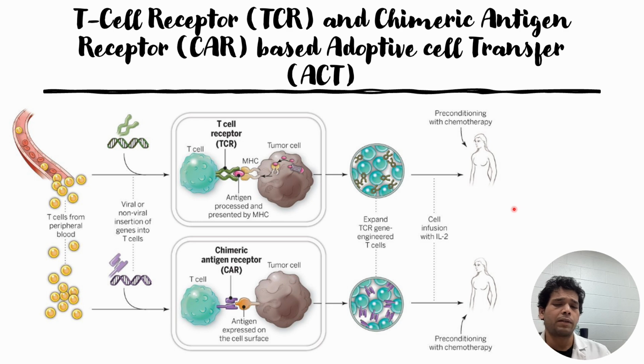There are some facts that have been observed in preclinical trials about the T cells, that naive T cells have better in vivo persistence compared to the mature or activated T cells, and this has been found in the preclinical trial results of mouse and monkey. And this could be the reason people preferred naive T cells for the T cell receptor based approach or the chimeric antigen receptor based approach.